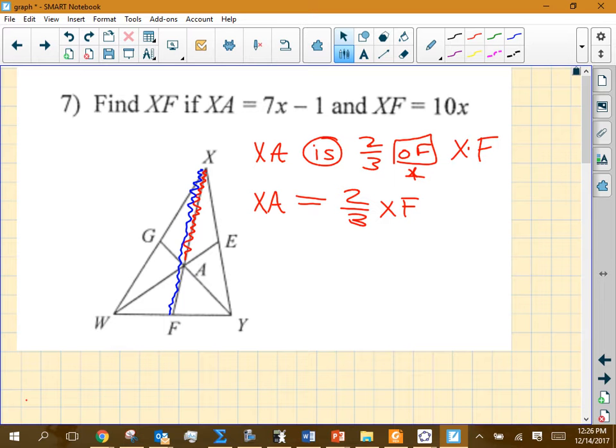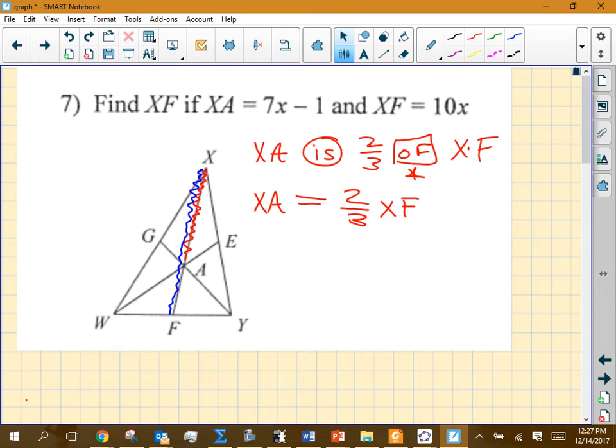There are other things to do, at least in this context, that could remind you where the 2/3 goes. The 2/3 or the 1/3 ratio always shows up on the median side. So of XA and XF, XF is the median, right? So 2/3 has to show up on that side.